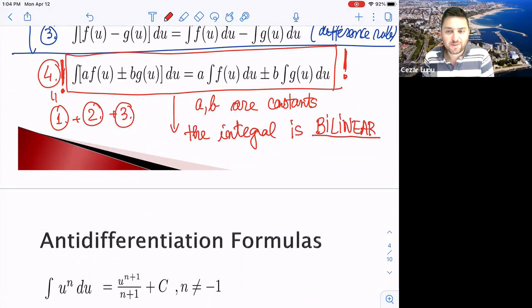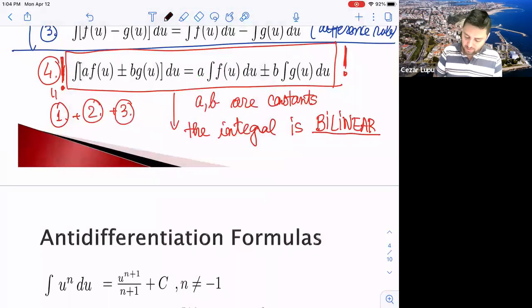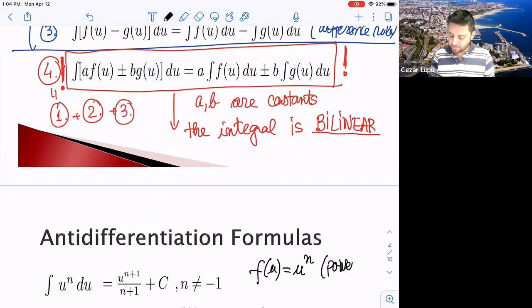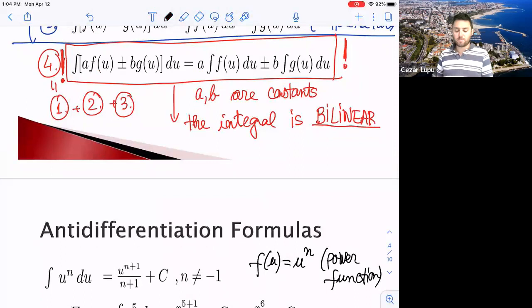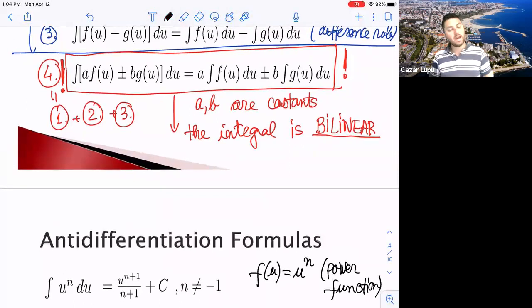It's the antiderivative, the integral of u to the power n du. In other words, our function here, f of u, is u to the power n, so it's the power function. We know how to compute the derivative of this guy, but now we also want to compute the antiderivative.